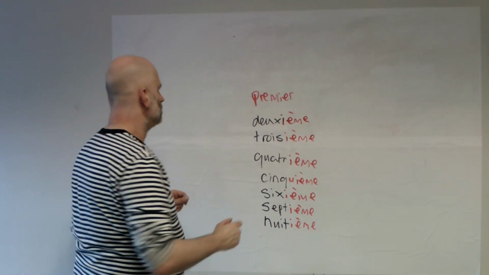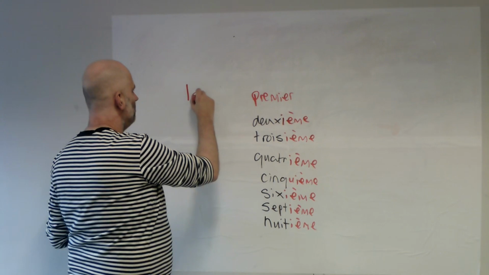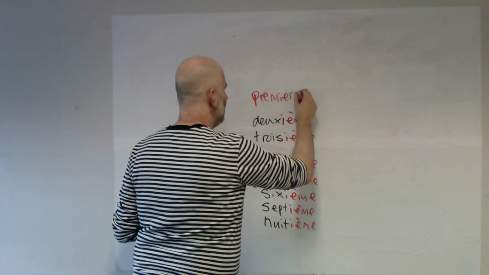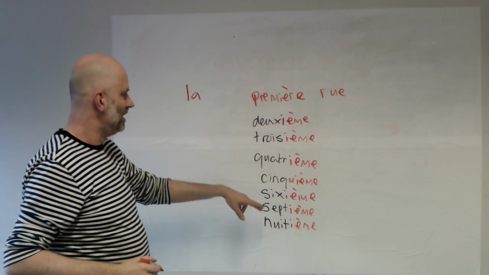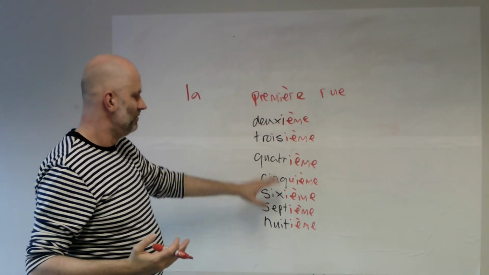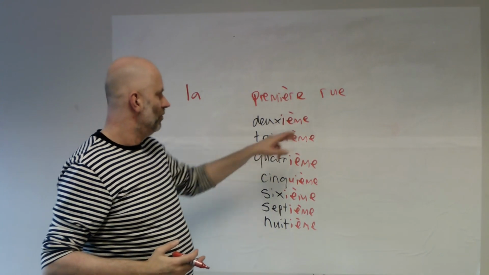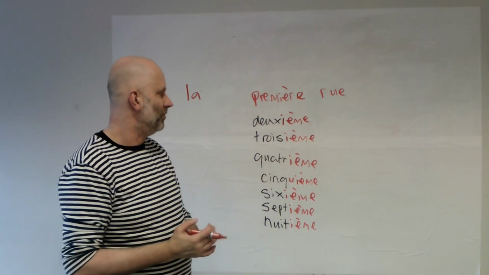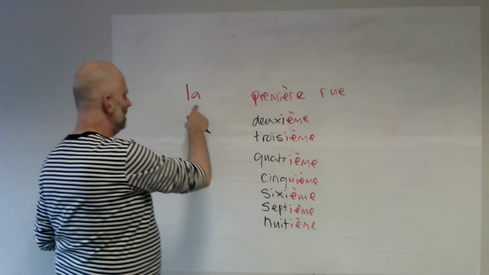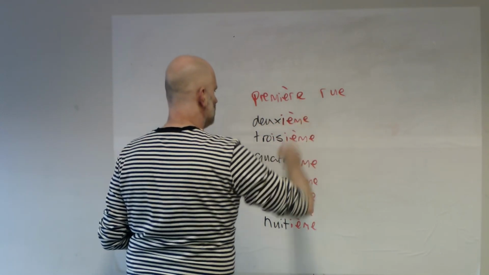But if you want to say the first road, la première is going to be la première rue. Now, deuxième, troisième, all the ones which end EM, already end with an E in the masculine, so the feminine will be the same. So it will be la deuxième rue, la troisième rue.